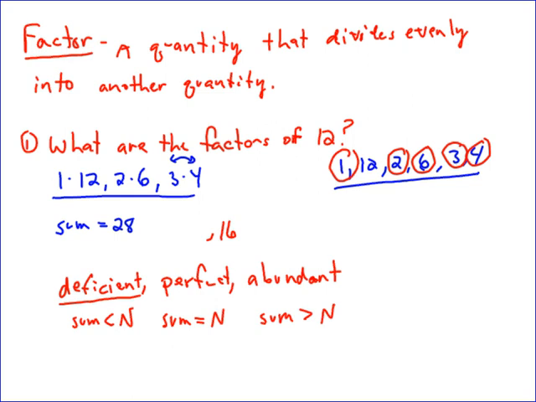So we could ask you a question such as, what kind of number is 6? Your possibilities here would be deficient, perfect, or abundant.